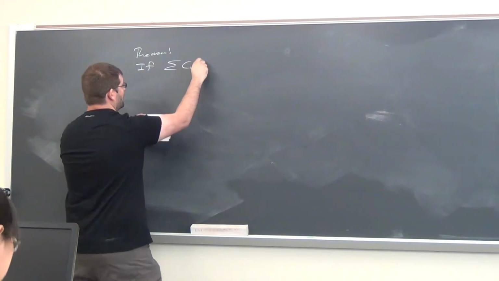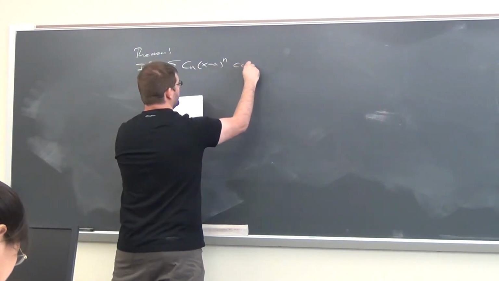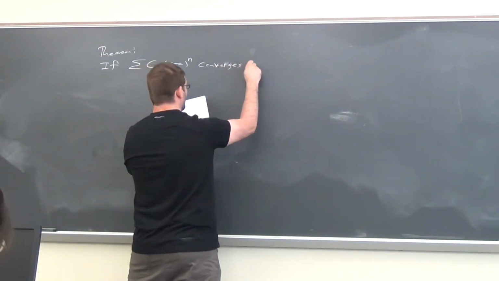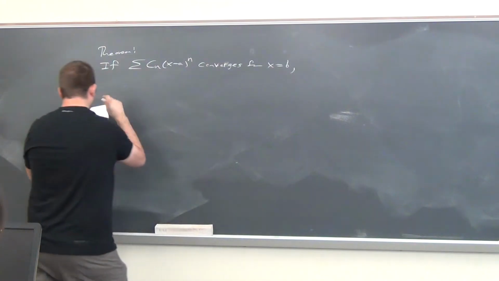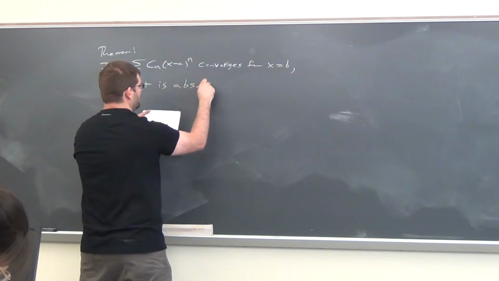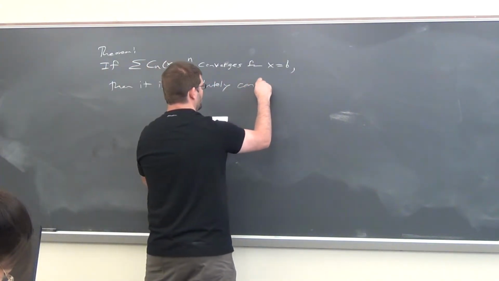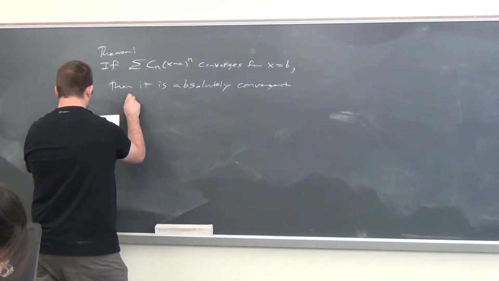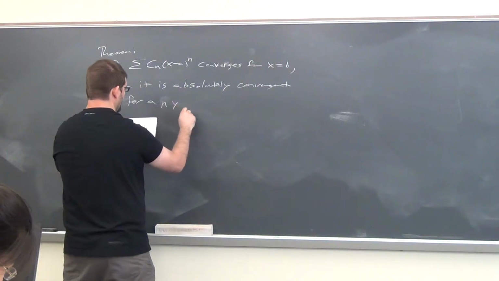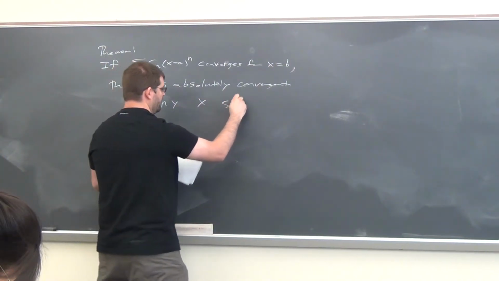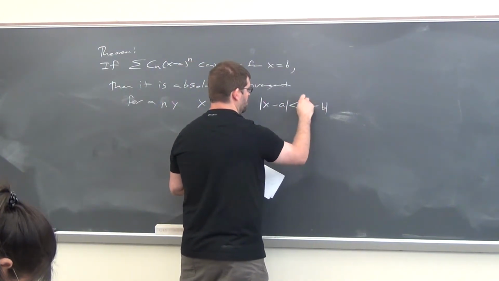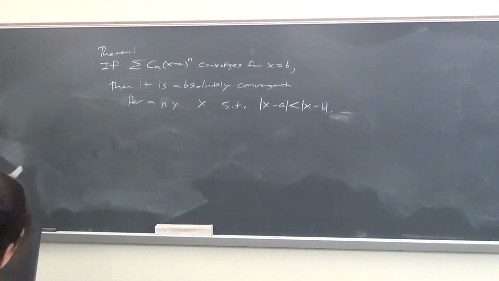The theorem just says that if you have a power series that converges for x equals b, then it is absolutely convergent for any x such that absolute value of x minus a is less than b minus a.